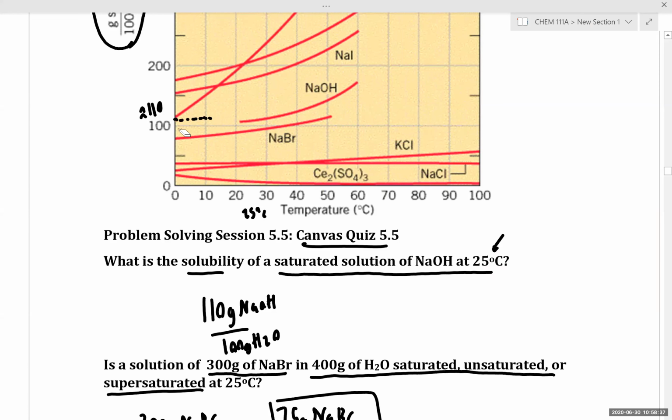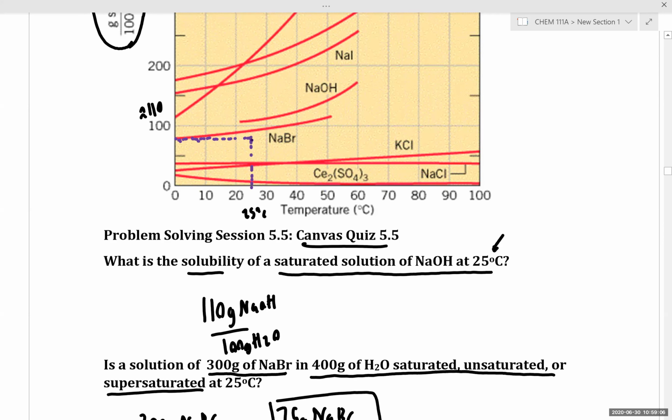I'm just going to erase this because they're both at 25. Okay, and 75 is somewhere around here. It's very close. Less close than it looks.